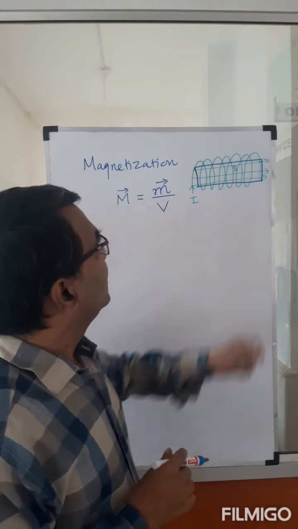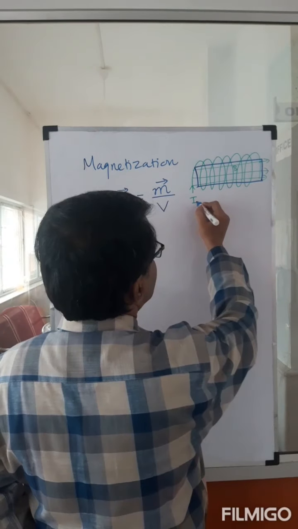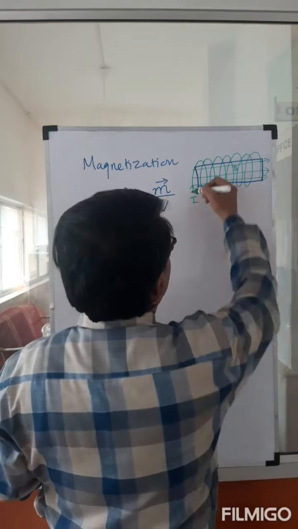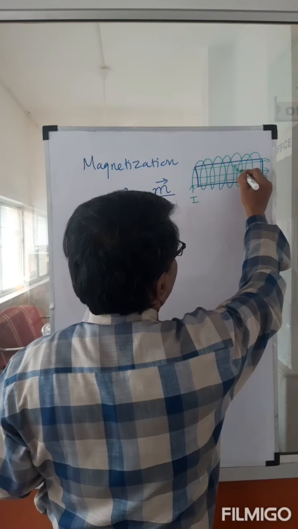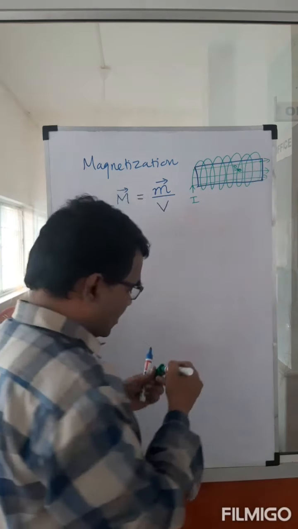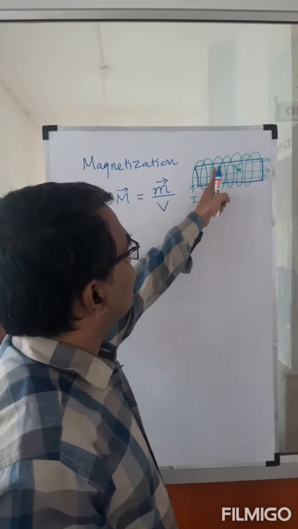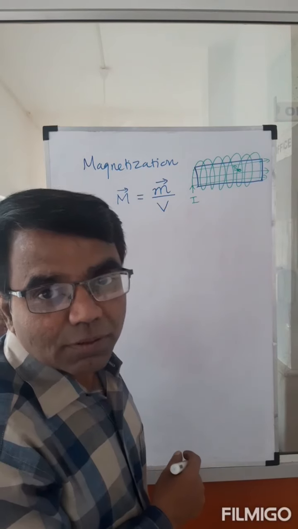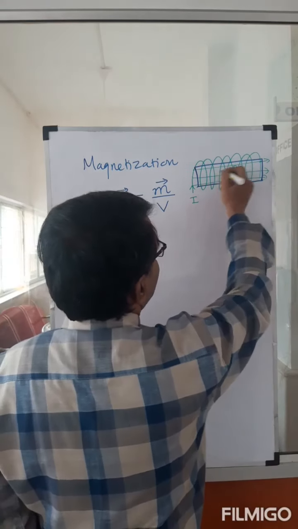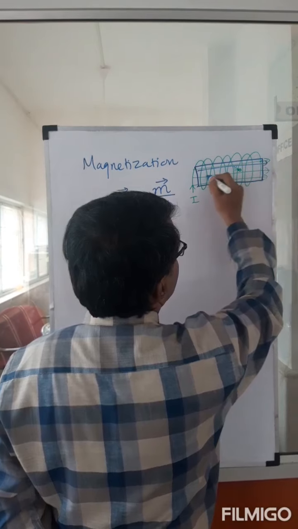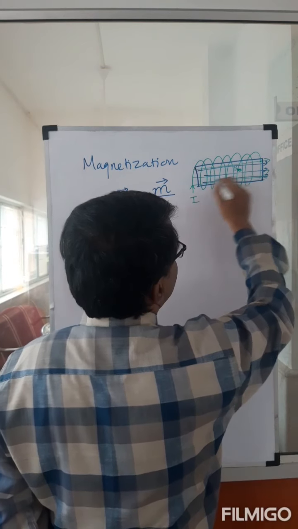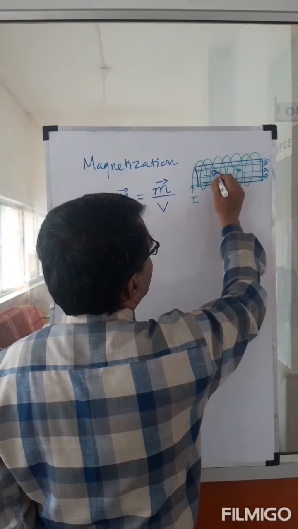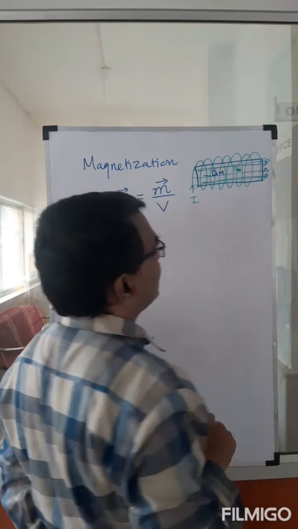First of all, this is I, and the field that is produced by the coil itself is B0. But because B0 is there, this piece gets magnetized, and it puts its own magnetic field there. So that I will call Bm.